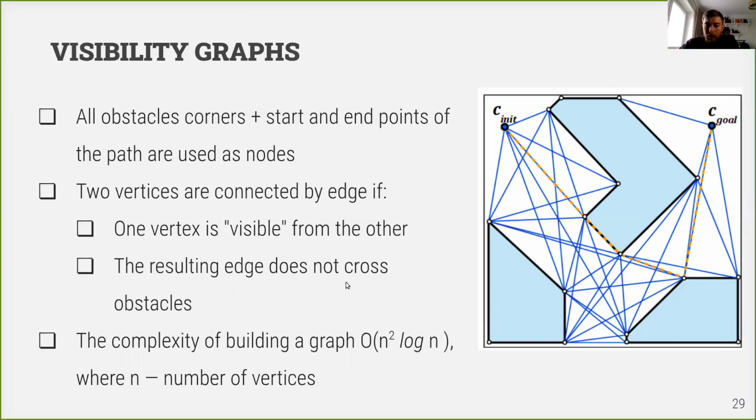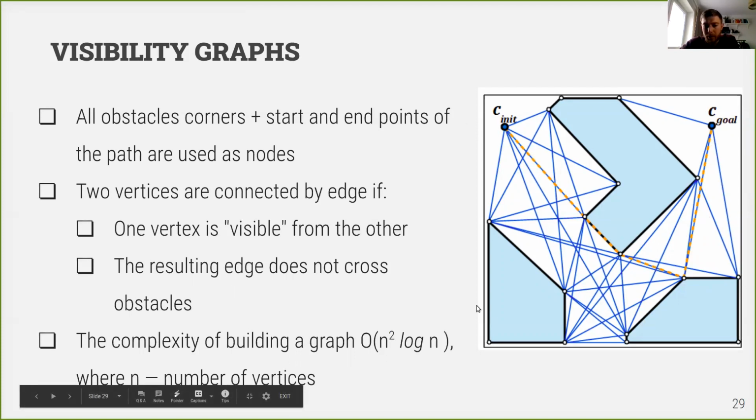And then we just use any available graph algorithm to find the path in such a graph. So here it is shown in orange, our optimal path in such a graph. And you can see that it really allows us to move from the initial state to the final state. Of course, it is suboptimal, but still we found a path which is collision free and we can use it.